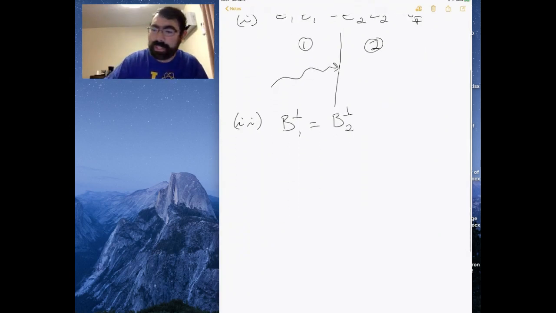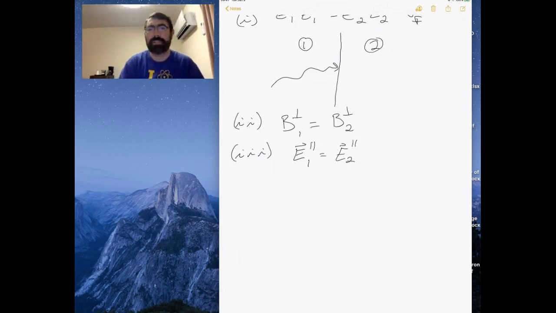The third boundary condition is the parallel component of the electric field, and in that case they're equal to each other on either side of the boundary. So we're essentially talking about this side over here where the electric field components are.